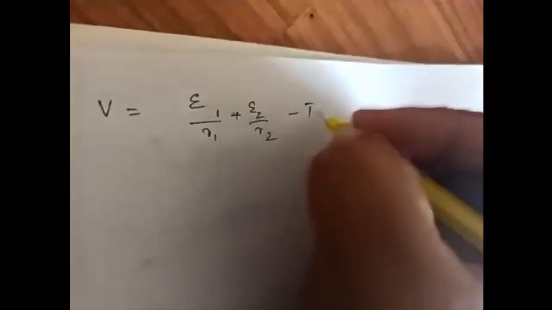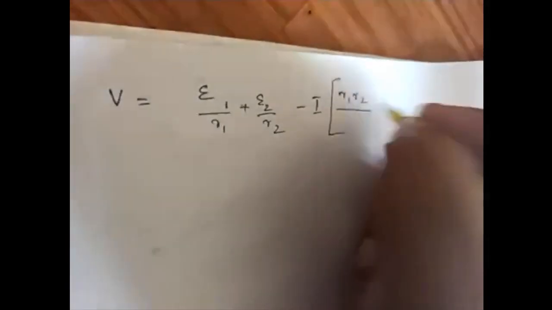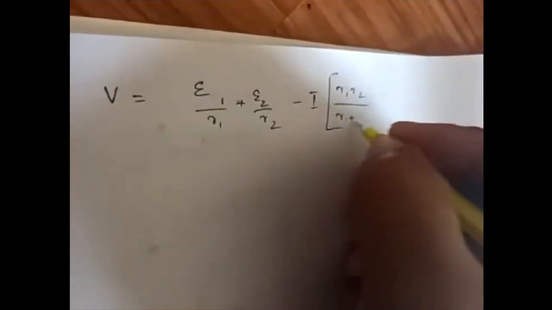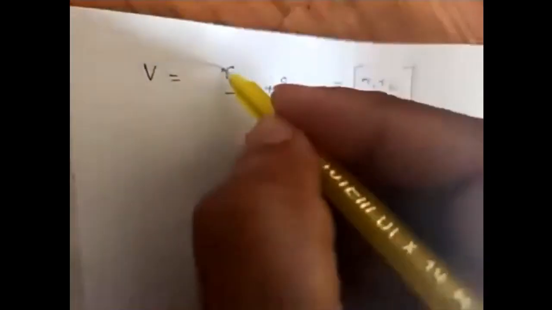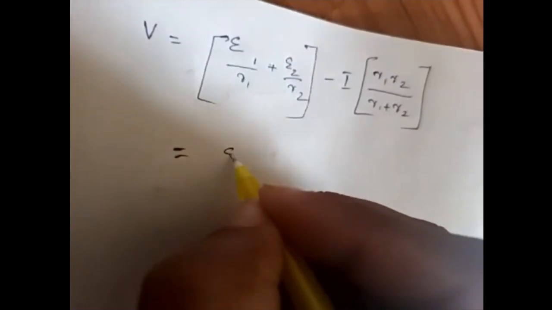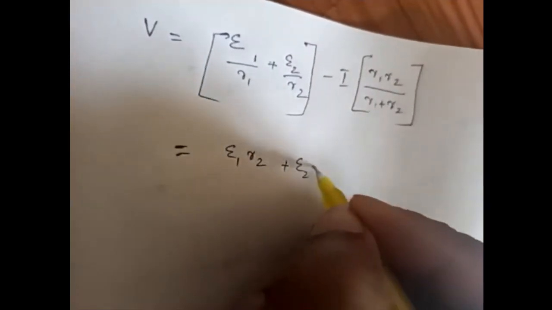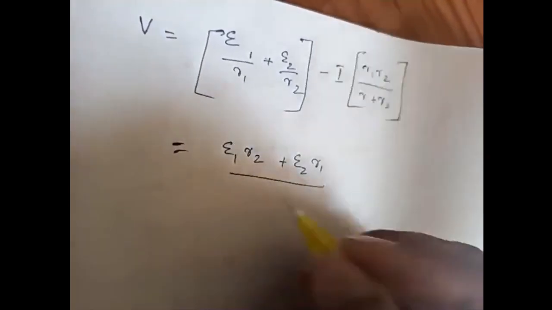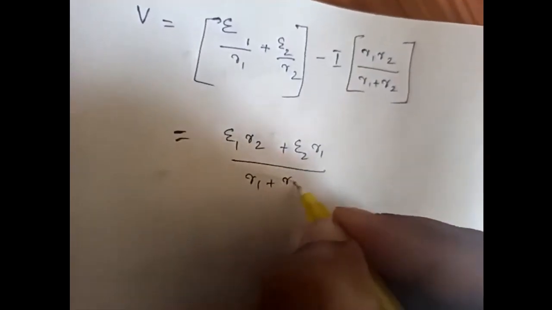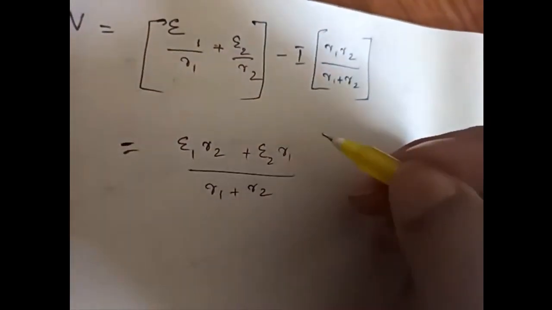So we will be getting I into R1 R2 by R1 plus R2, which is equal to E1 R2 plus E2 R1 by R1 plus R2, and this term will be multiplied here again.